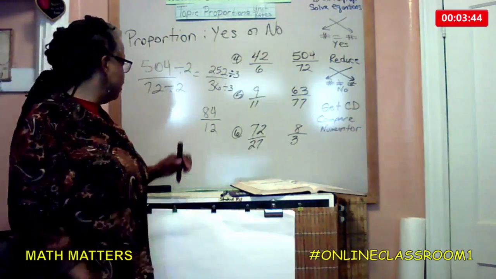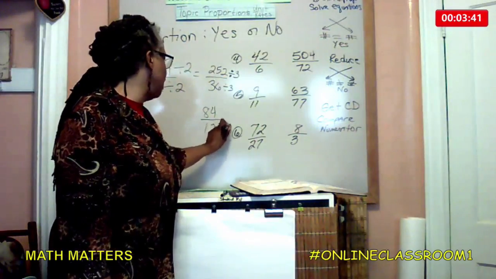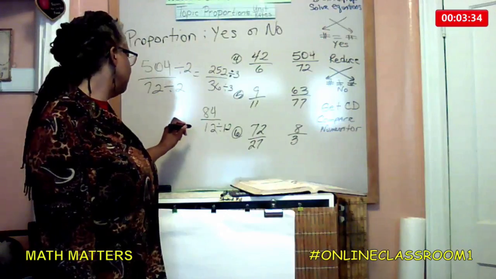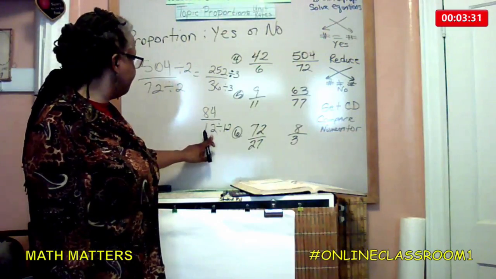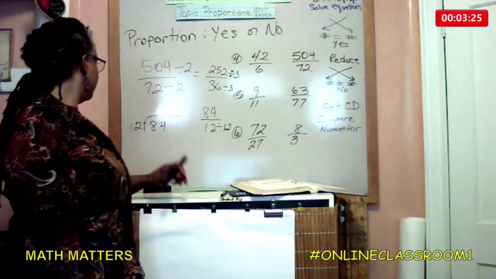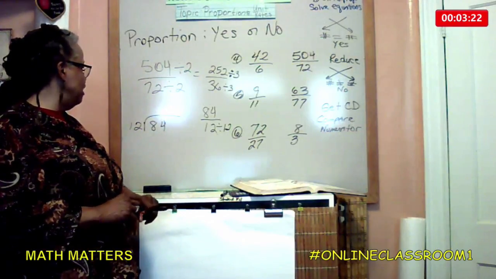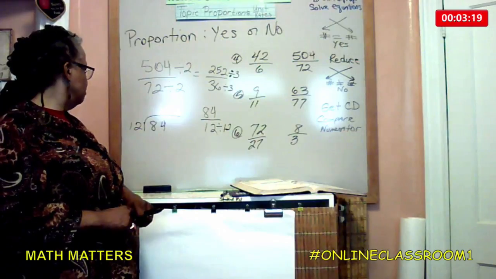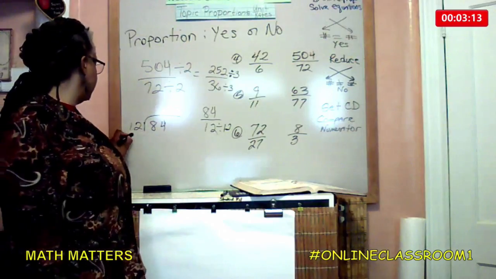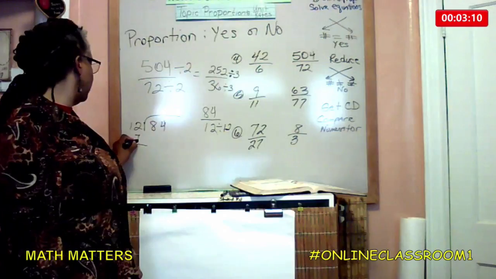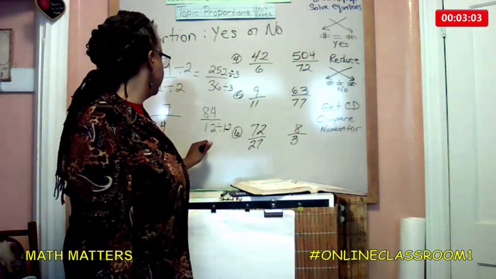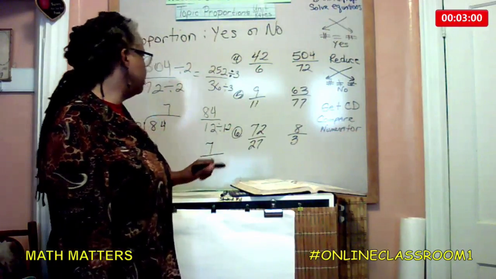So let's go for the 12. 12 divided by 12 is 1, and 84 divided by 12 is, let's see, does 12 go into 84 evenly? 7 times. So we get 7 over 1.